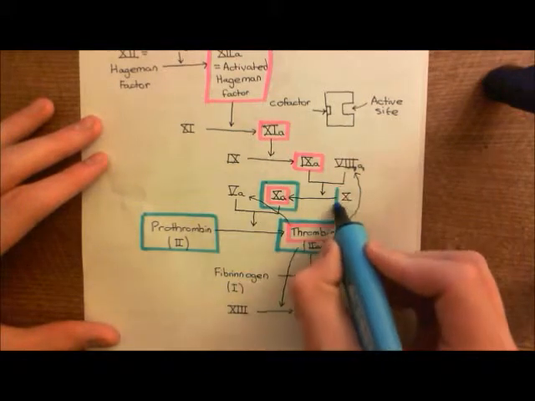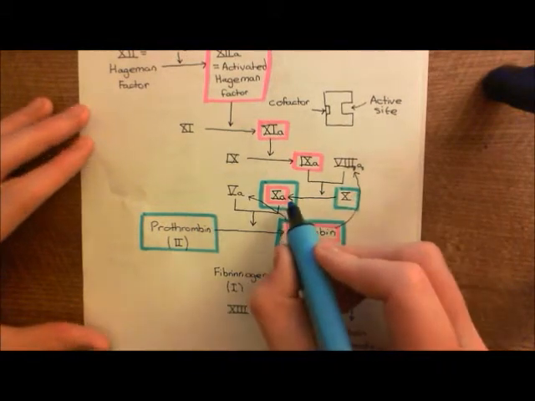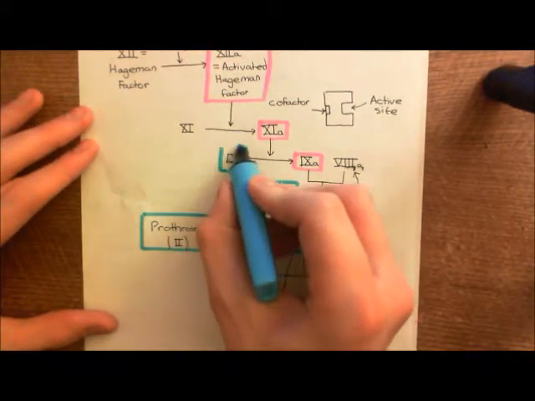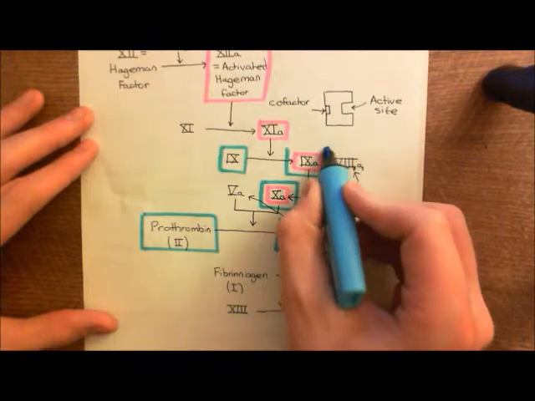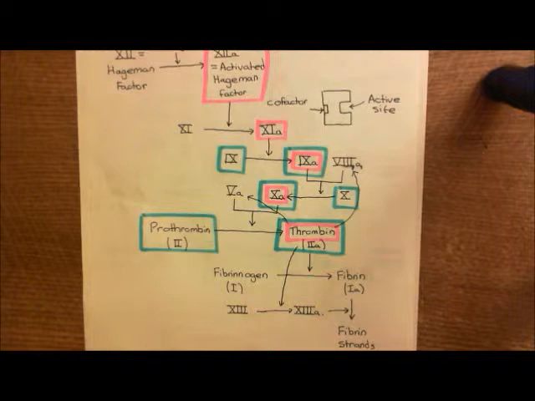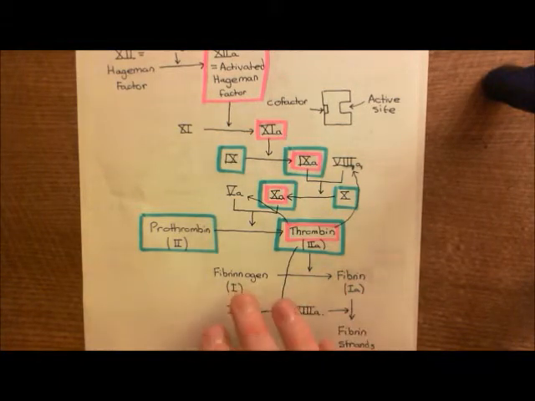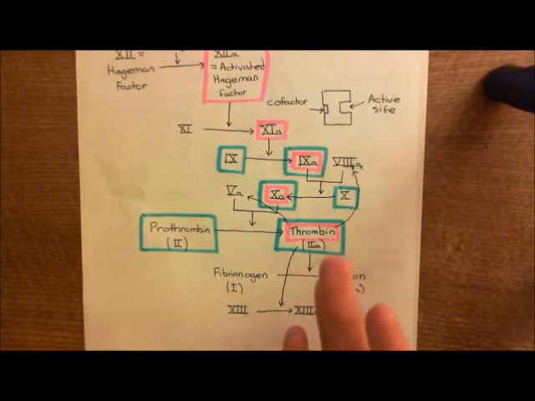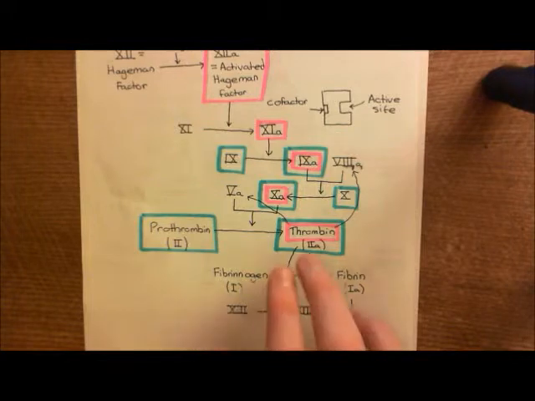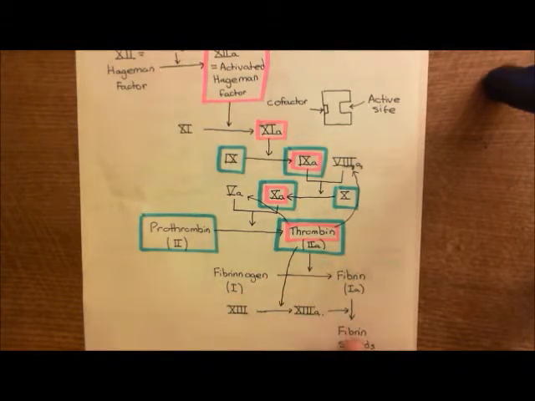So 10A and 10 goes, because if 10 goes, 10A certainly goes. 9 is also going to go, so 9's gone, and therefore 9A has also gone. That's it for this intrinsic pathway, but we can see that just by getting rid of them, you are not going to be able to activate coagulation, because thrombin is basically the essential one here. It's the enzyme which converts fibrinogen into fibrin and also 13 into 13A. So if you have no thrombin, you're not going to get coagulation.